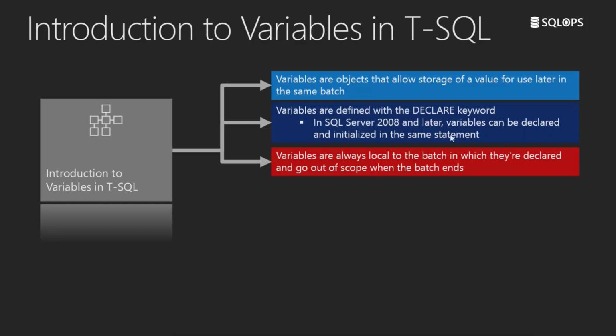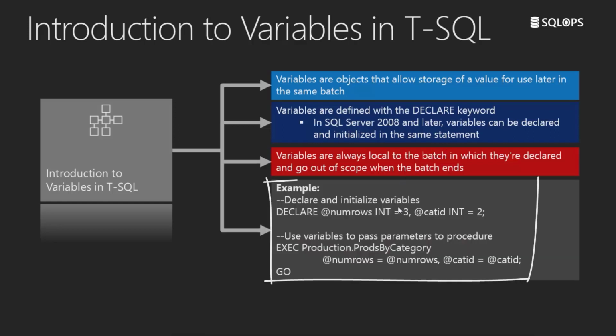For example, let's take a look at this query. In this query, two variables are declared and initialized. The number of rows is declared as the int data type, and the category ID is also declared as int data type. Let's execute this query and see what the results will look like.